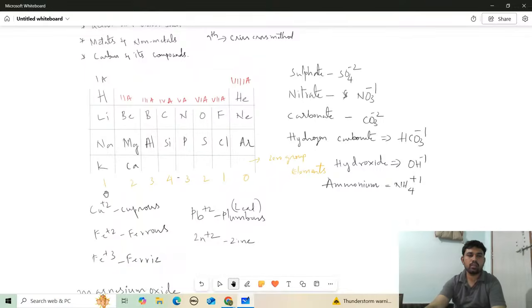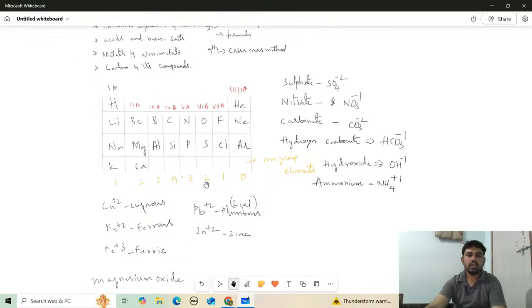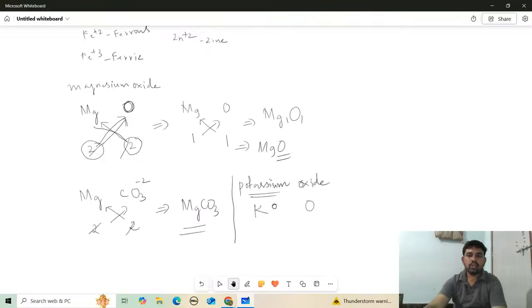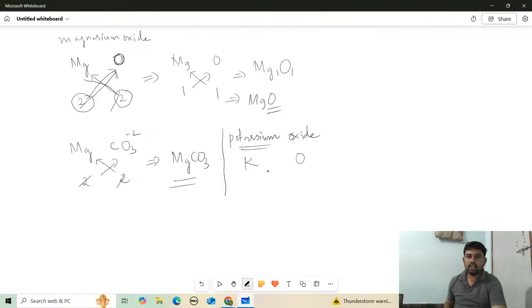Potassium valence is 1, belonging to group 1A, and the valence of oxygen we can write as 2 here. Exchange these numbers. So we get the formula K 2 times and oxygen 1, because the valence of potassium is 1. So the formula will be K2O.